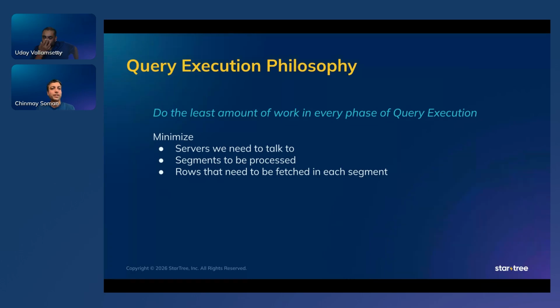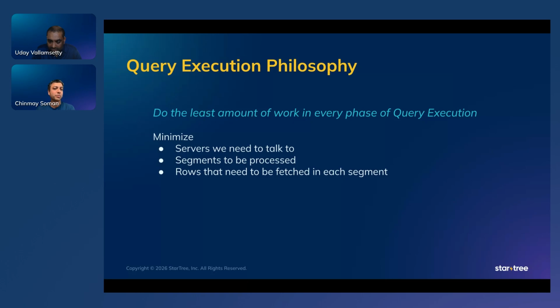When we talk about query execution, how does Pinot get all the 250,000 QPS and sub-second latencies? Again, the main philosophy here is to reduce the amount of work when a query comes in. What this translates to is we have data spread out across multiple servers, across multiple segments.